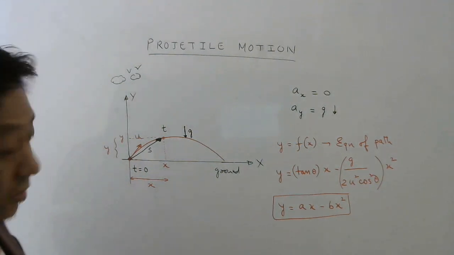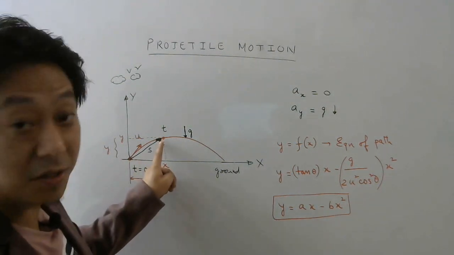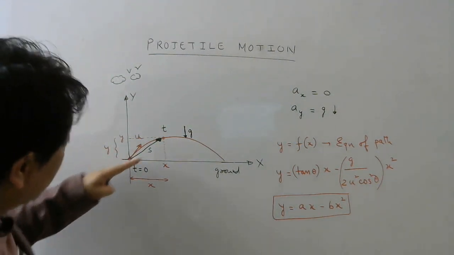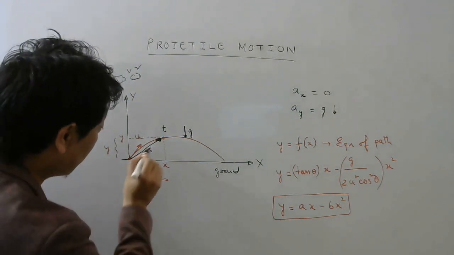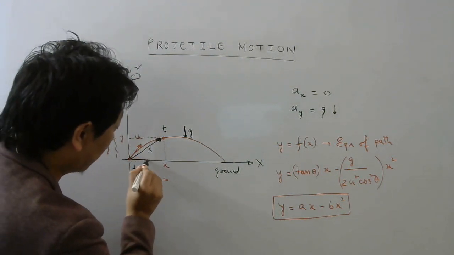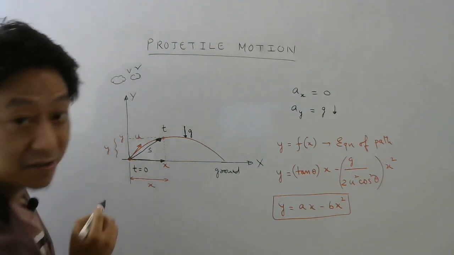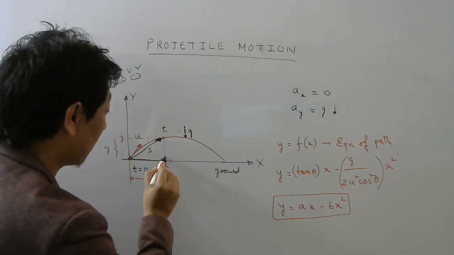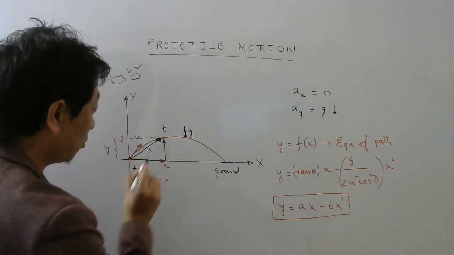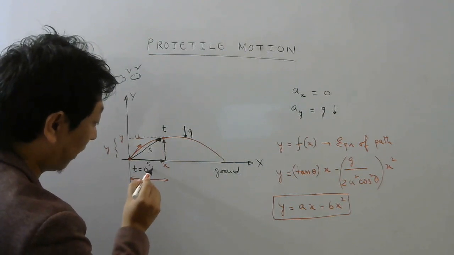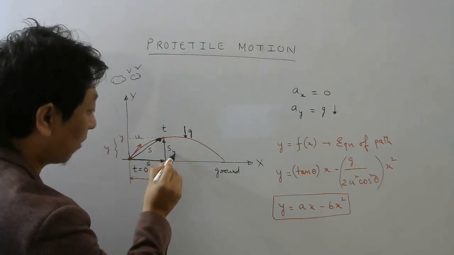Displacement vector is the shortest distance from initial position to final position. So this is your displacement vector. You can see this displacement vector will have one component here along x-axis and one component here along y-axis. So you can see this is your sx and this is your sy.